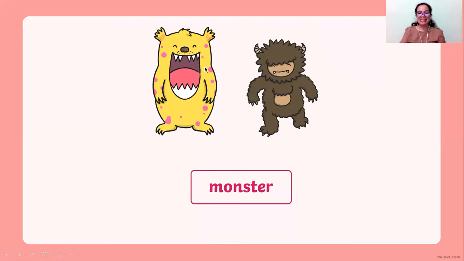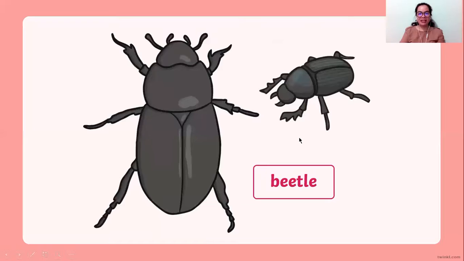So sharp is the description of the teeth of the monster. Or you can say a yellow monster, because the color of the monster is yellow, and a black monster.